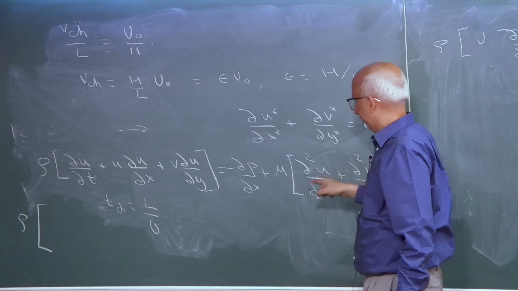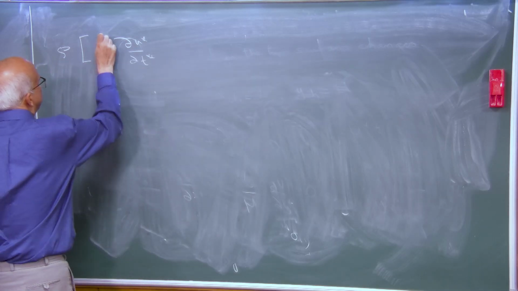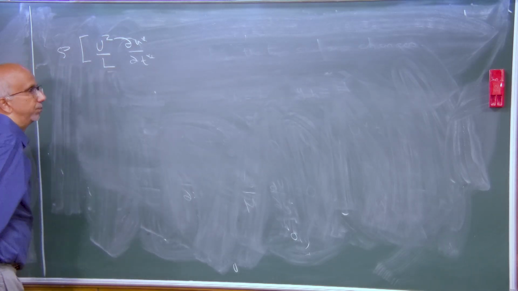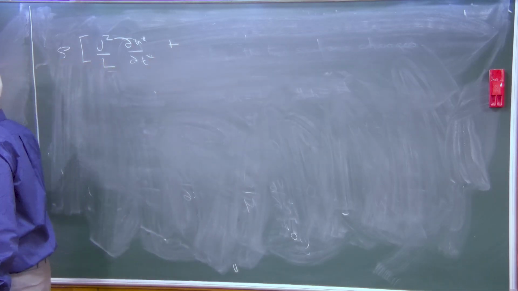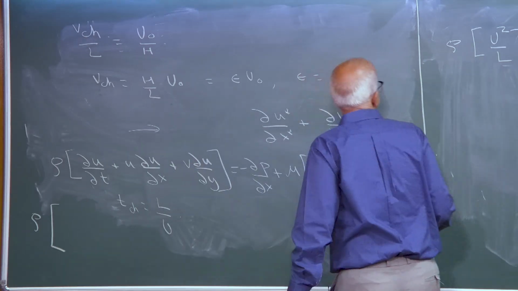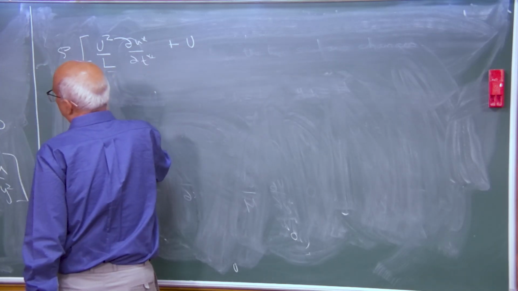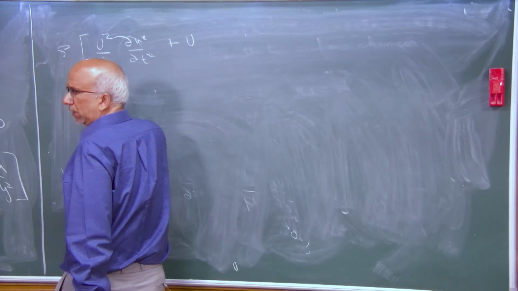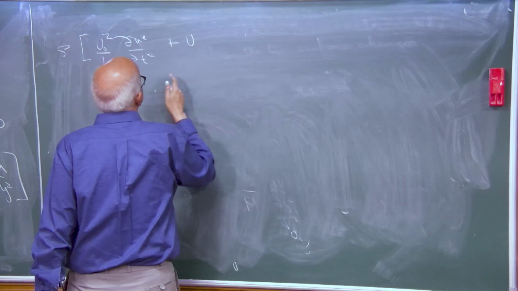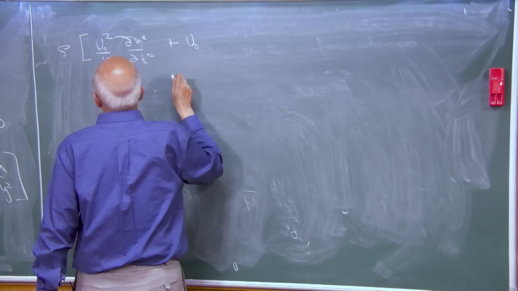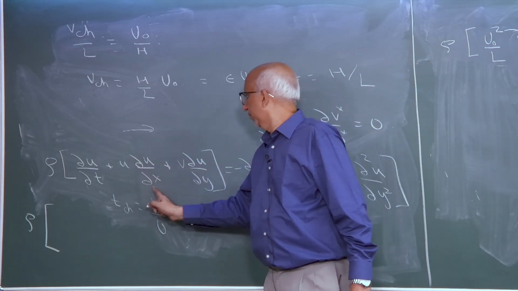T characteristic is L by u, so I get an L. So this gives me u squared by L, plus u is going to give me, did I use u naught last time or capital U? U naught. Let me make it u naught because my capital U and small u look the same. So u naught comes here, and one more u naught comes here, one L comes here.